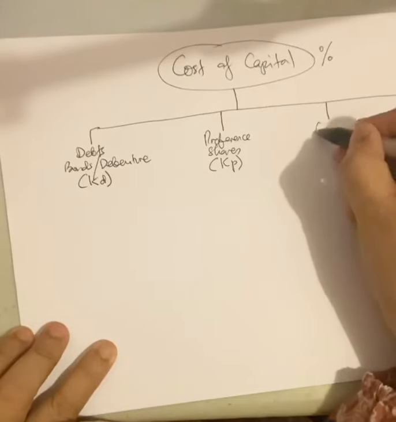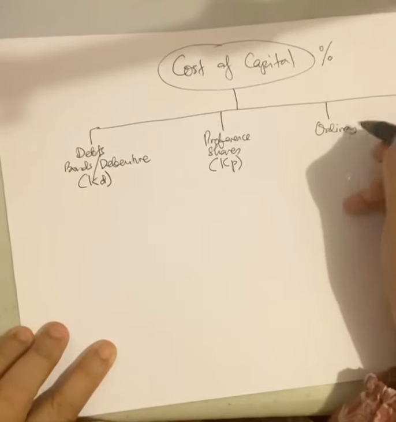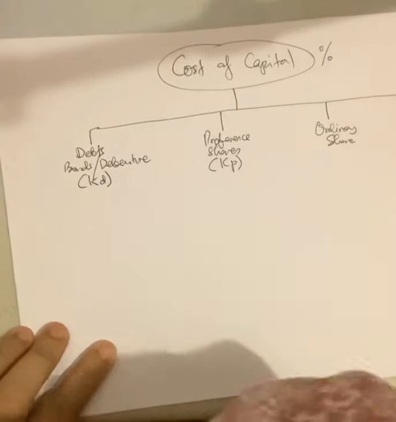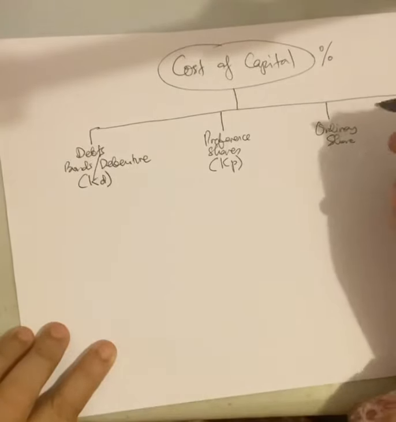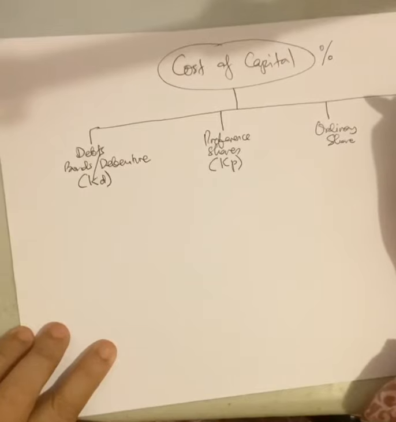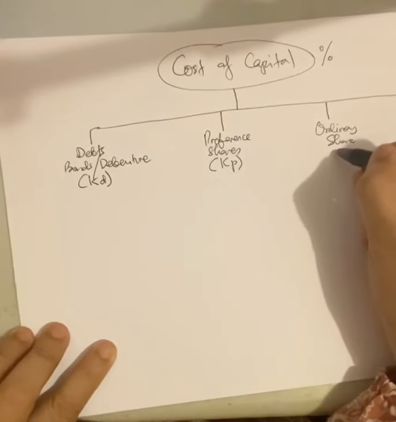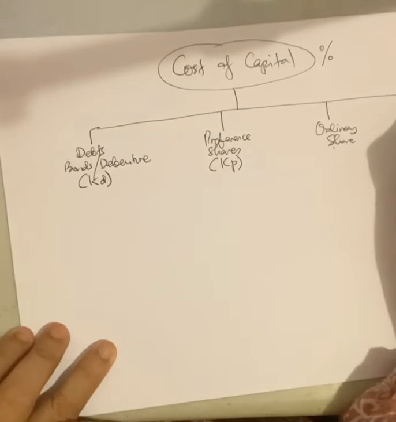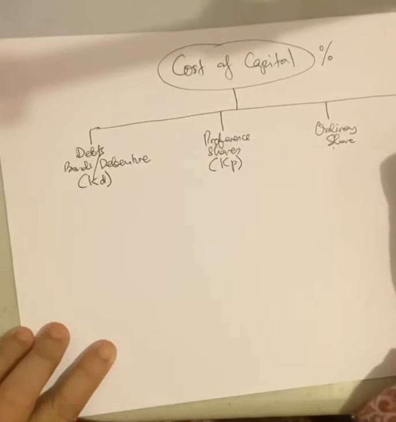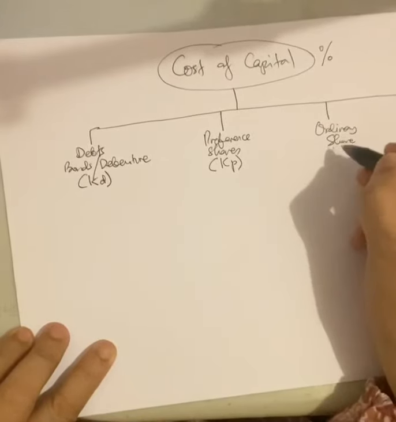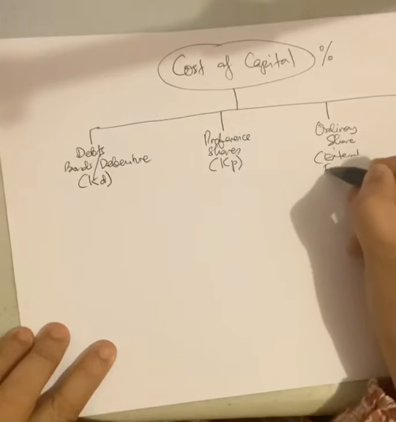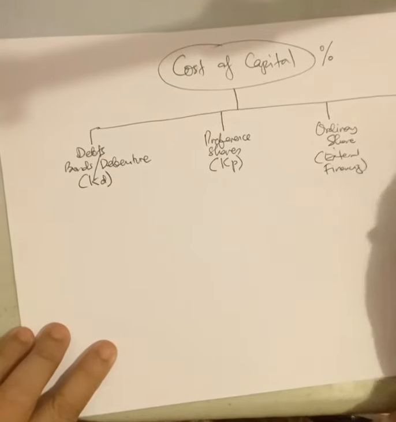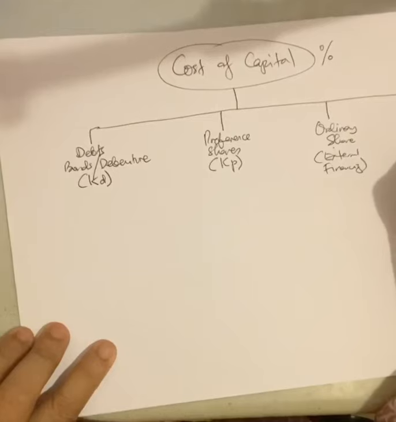Another form of equity is the ordinary shares. For ordinary shares, we have external financing and internal financing.